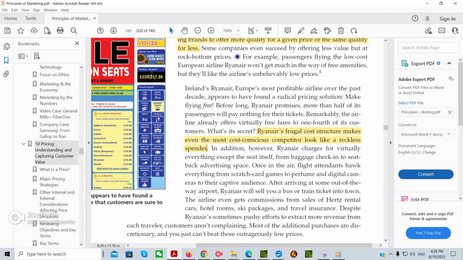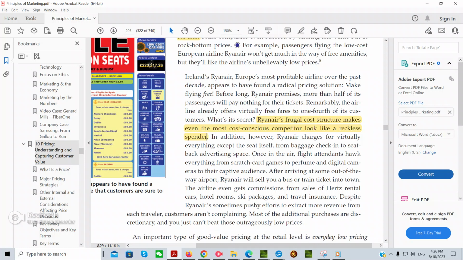In addition, however, Ryanair charges for virtually everything except for the seat itself. From baggage check-in to the seat back advertising space. Once in the air, flight attendants hawk everything from scratch card games to perfume and digital cameras to their captive audience. After arriving at some out-of-the-way airport, Ryanair will sell you a bus or train ticket into town.